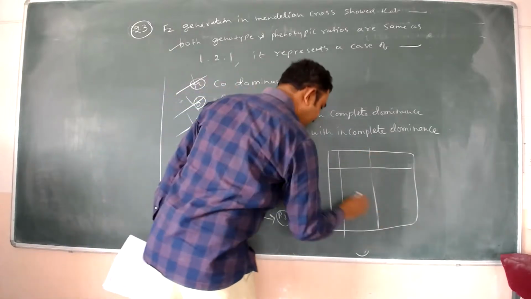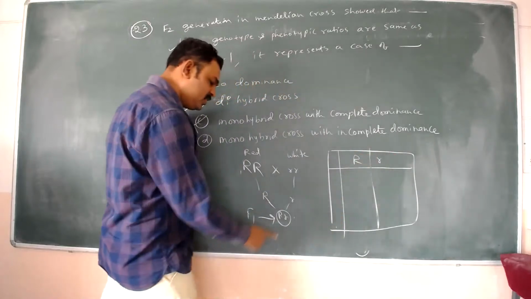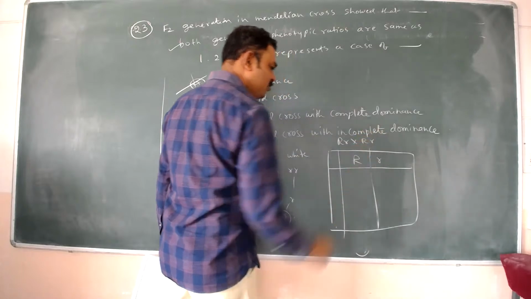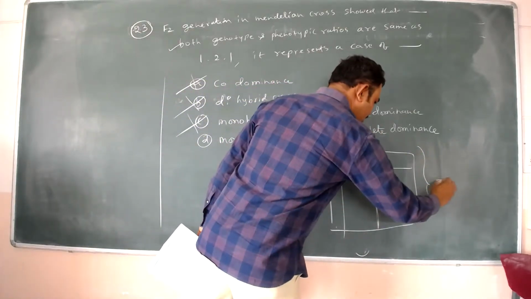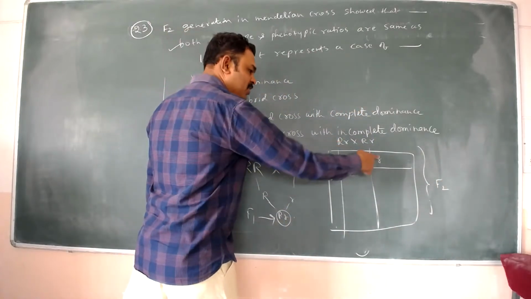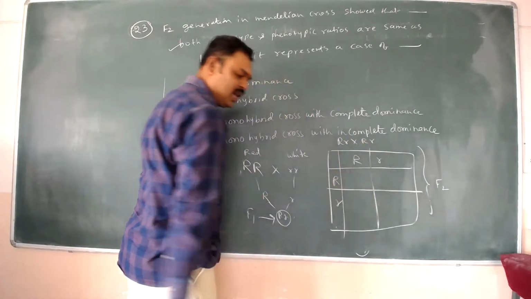From this, what are the gametes? Capital R, small r. Selfing means capital R, small r crossed with capital R, small r to produce the F2. From this parent, two gametes are coming, capital R, small r, and from the other parent also.